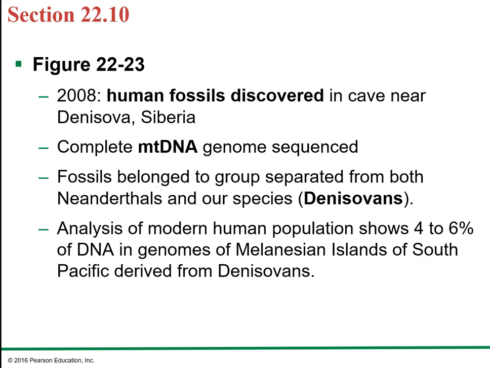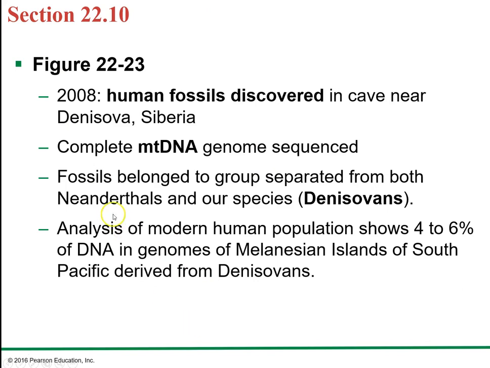Now, in 2008, there were actually some fossils discovered in a cave in Siberia. And they completely sequenced the genome of these fossils, and they found out that those fossils weren't Neanderthal fossils, and they weren't Homo sapiens, but that they were a separate species, and they named them the Denisovans based on where they found them.